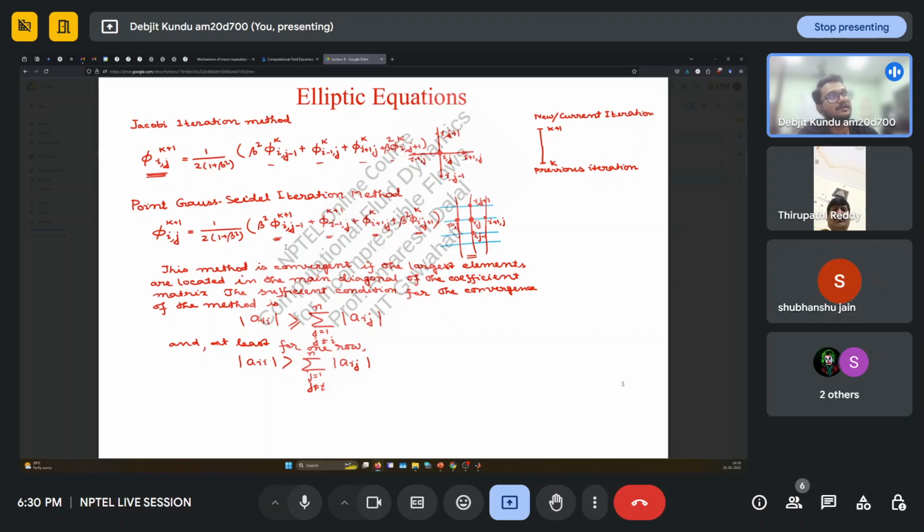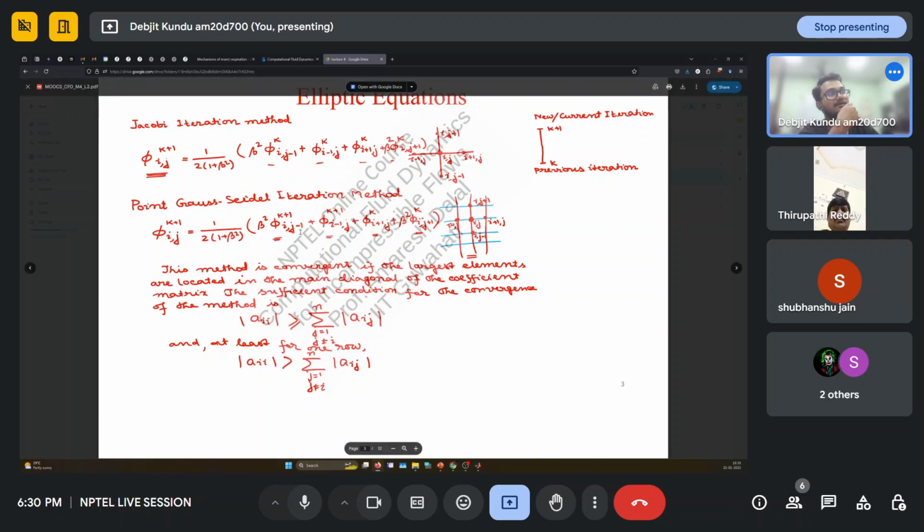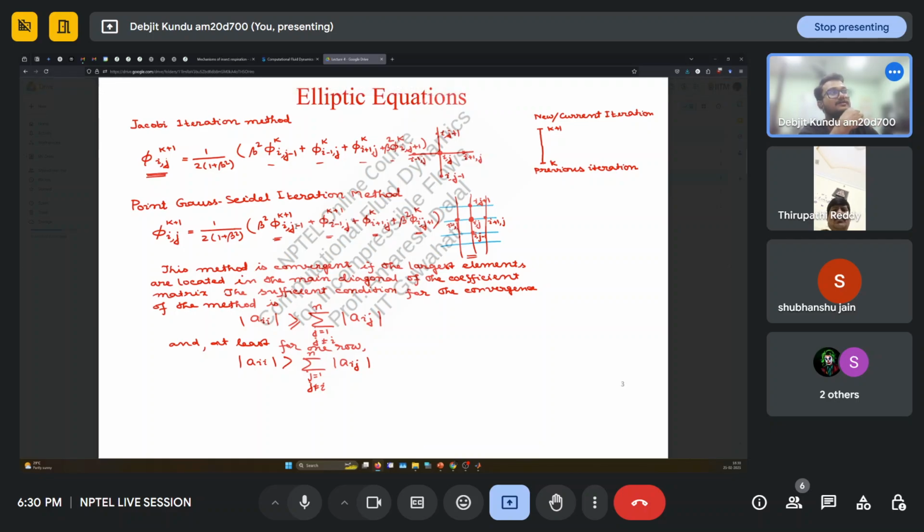Similarly, j also we start from j equal to 1, 2, 3, 4, and then go. If j is let's say 6, then j minus 1 is 5, which means I have already calculated this value earlier. So for this one also I'm using k plus 1, because I have the newest value, the k plus 1th iteration value of this variable.